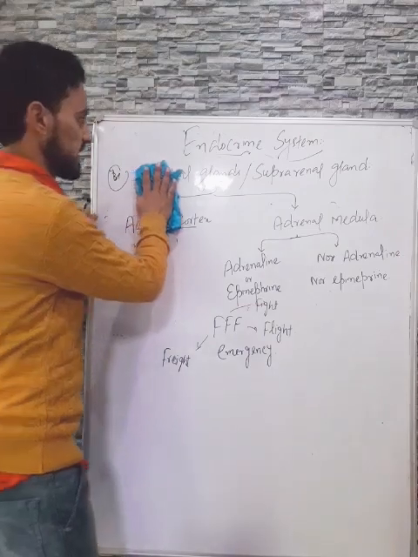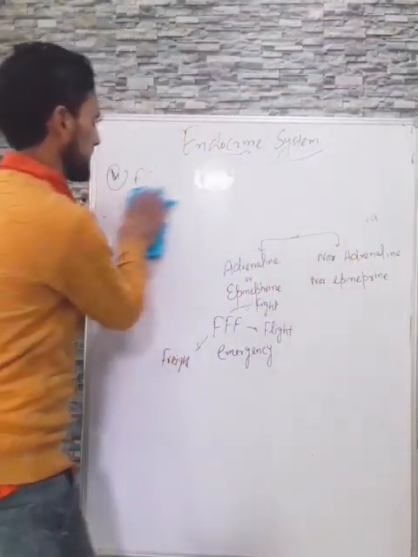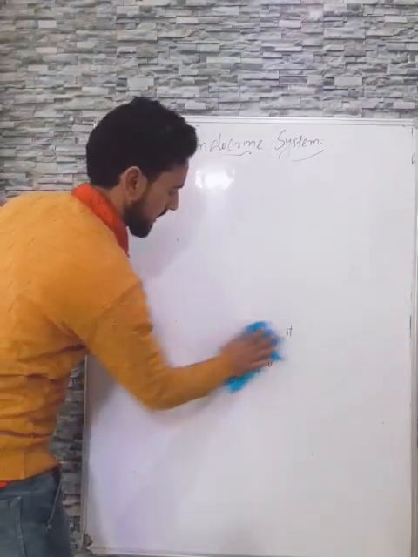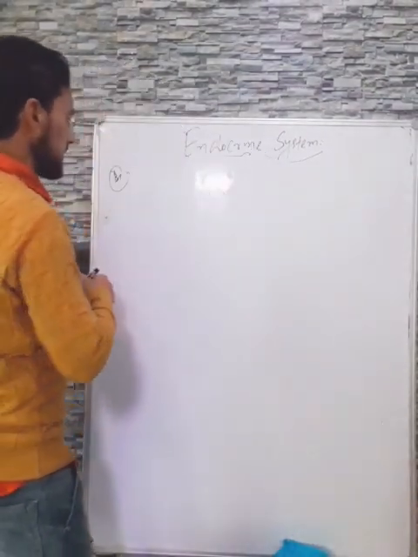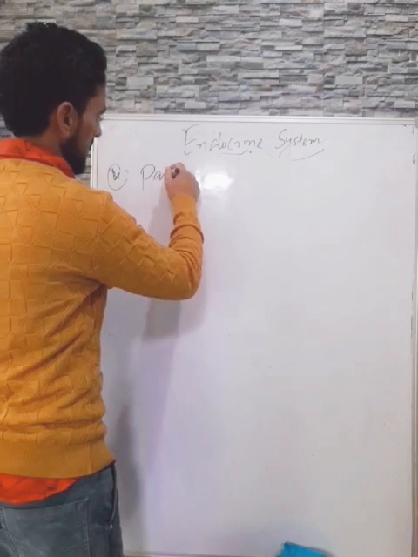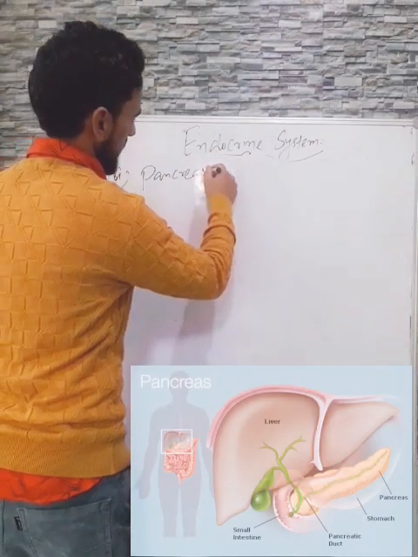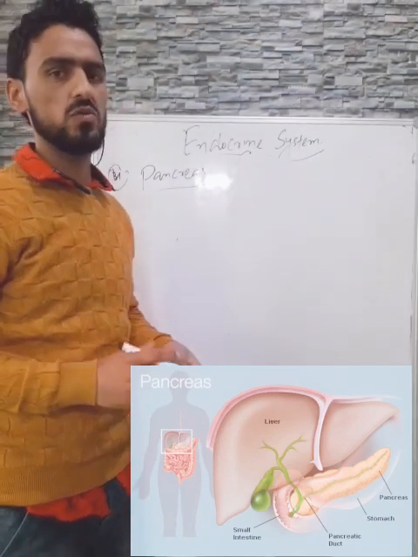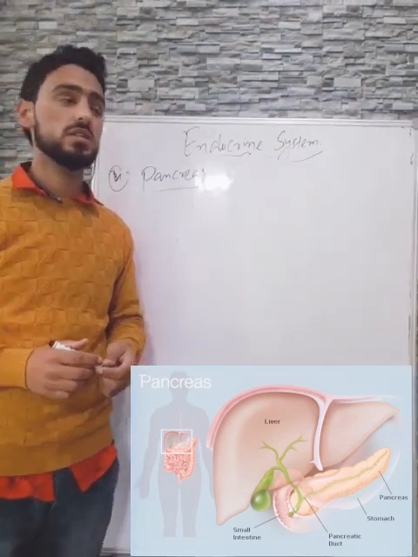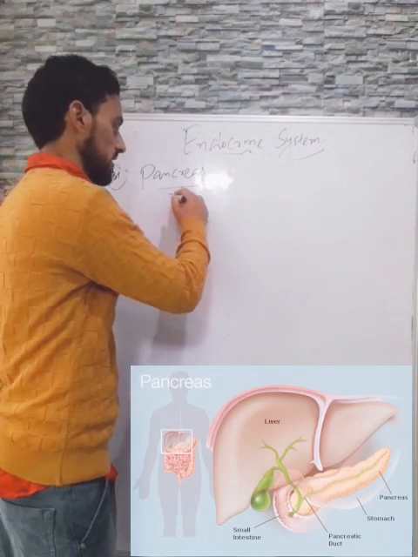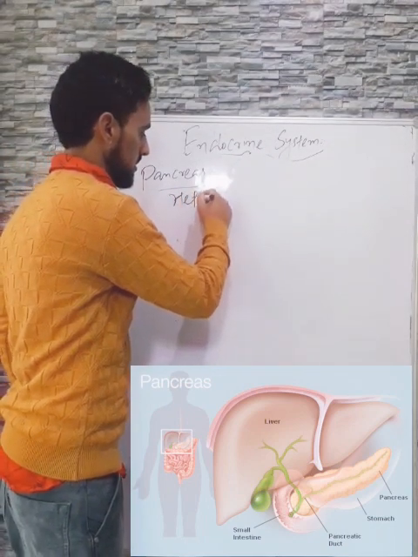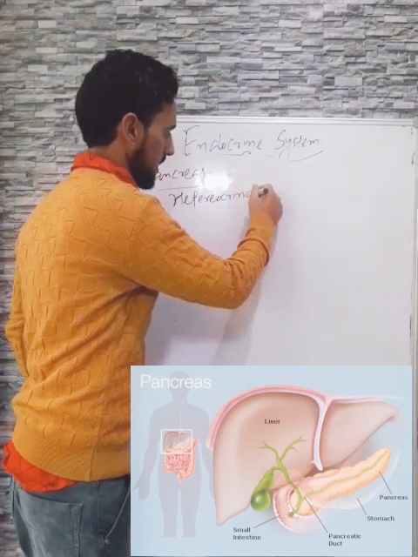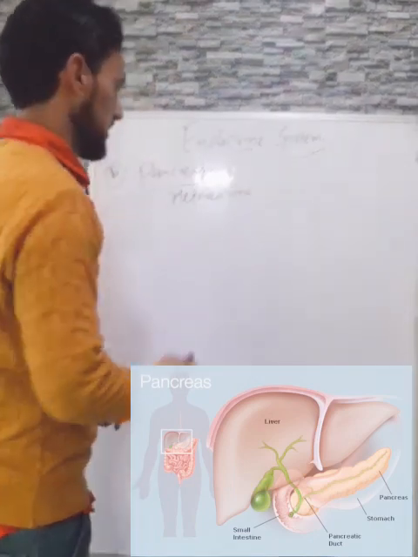After that, the next gland that we are going to study is the pancreas. As you know, this pancreas is a heterocrine gland. Heterocrine in the sense that it acts as both endocrine as well as exocrine.